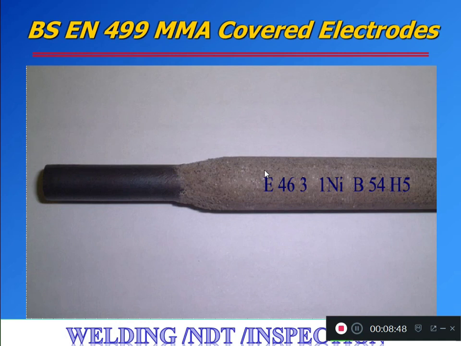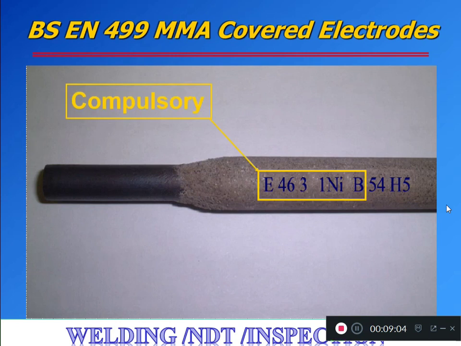Now you can see here, this is very important: this is the electrode, and this is the covering. This is E4631NiB54H5, the electrode classification or designation, or nomenclature. E4631NiB is compulsory when you are inspecting an electrode.